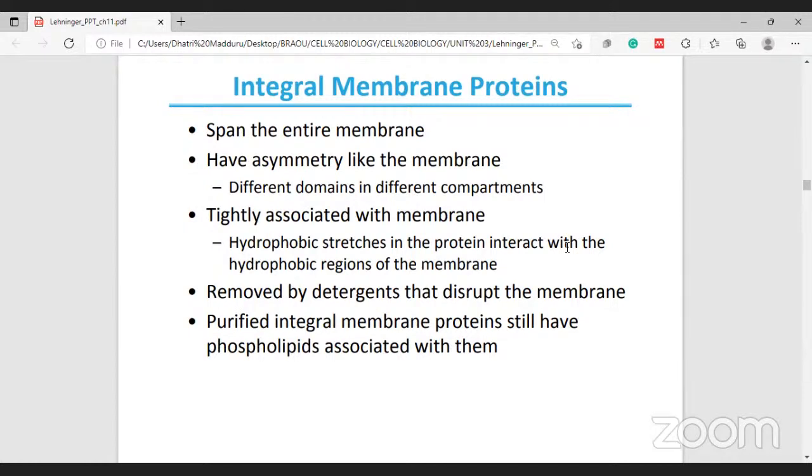They're tightly associated with the membrane, so if you remove the protein, the membrane also will get removed. The hydrophobic stretches in the protein interact with the hydrophobic region of the membrane. They have to be removed by detergents, which also disrupt the membrane. And the purified integral membrane proteins still have phospholipids associated with them.